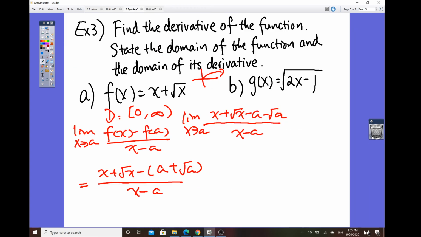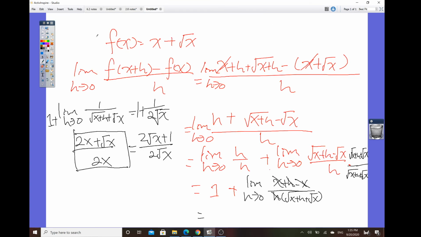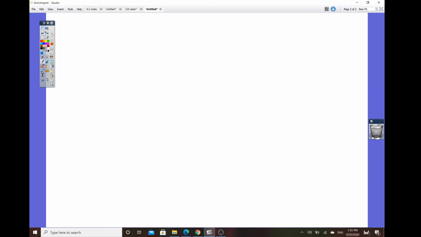Okay, so now let's see what else we got for another problem here. So 2.8, going back. The other one is also a radical, so g of x is square root of 2x minus 1. Again, using the h form, because we don't know the value of a here.